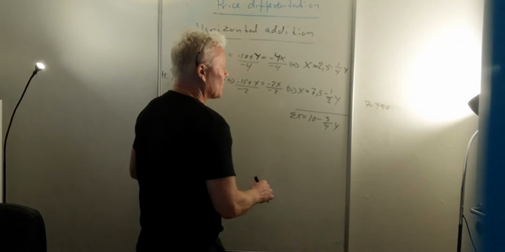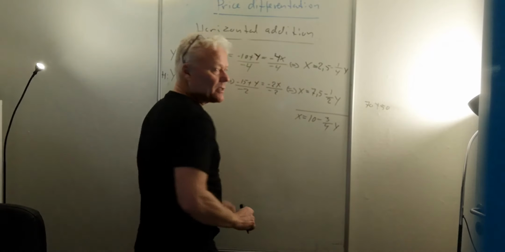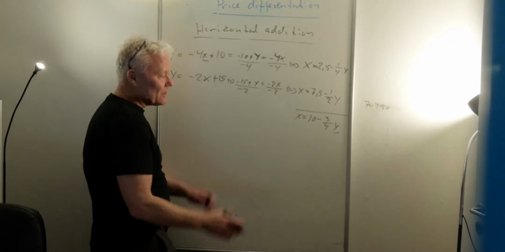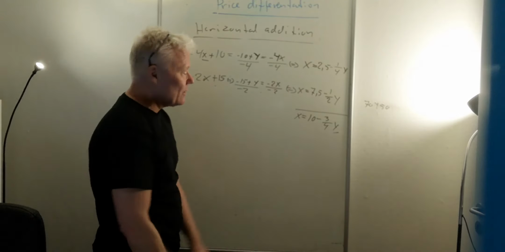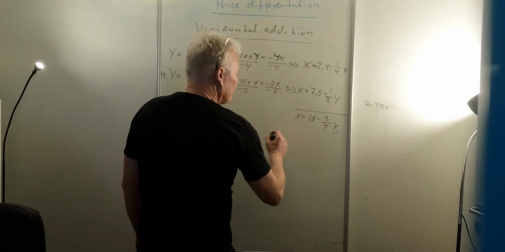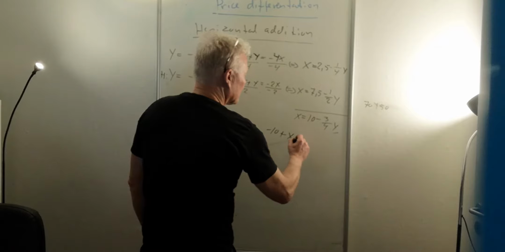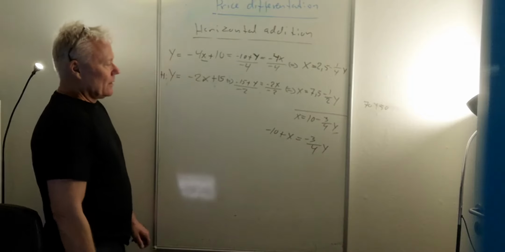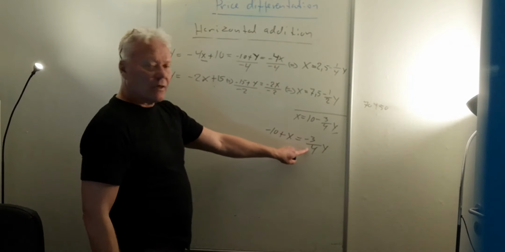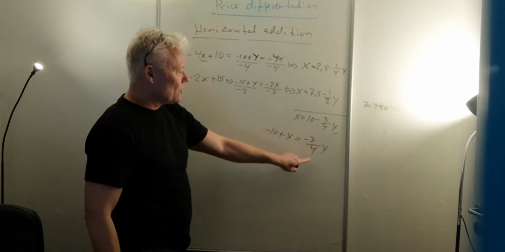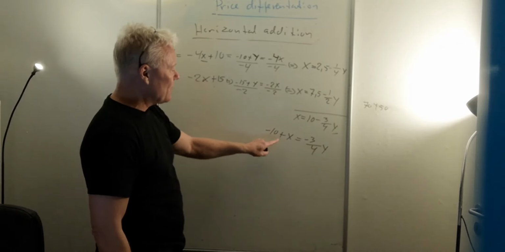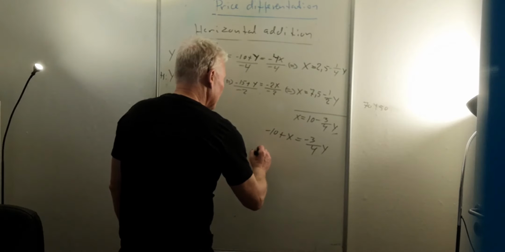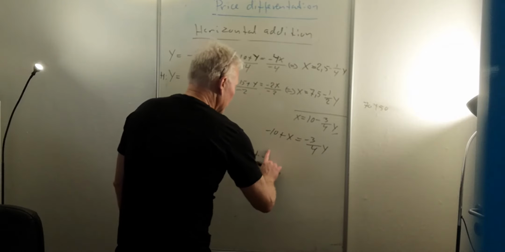So what you do is you clear it. I'll just erase the sum. Then you want to have it expressed the usual way by y. So you say minus 10 plus x is equal to minus 3/4 y. Then you multiply by 4 on this side, so the 4s cancel out, and you multiply over here with the same.